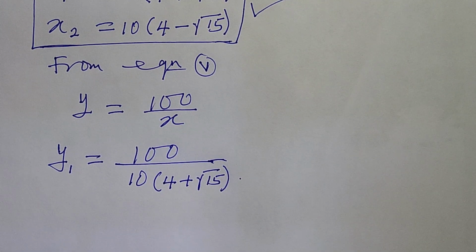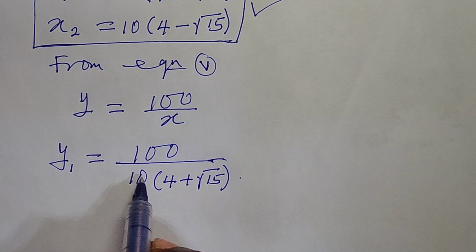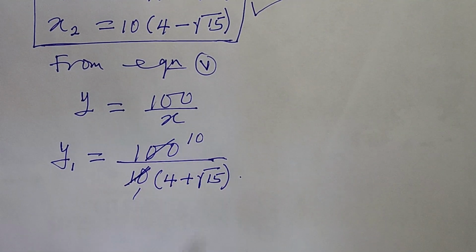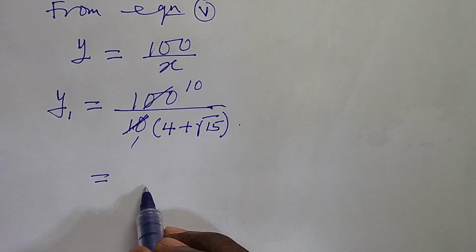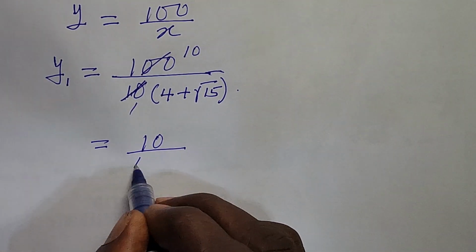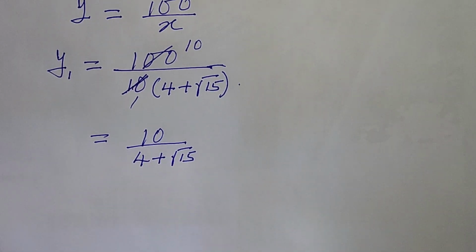Easy. Okay. Now we can cancel out 10 from here. 10 here, 10 here give us 10. So we now have 10 all over 4 plus square root of 15.